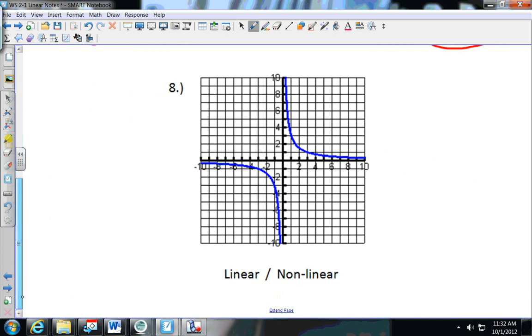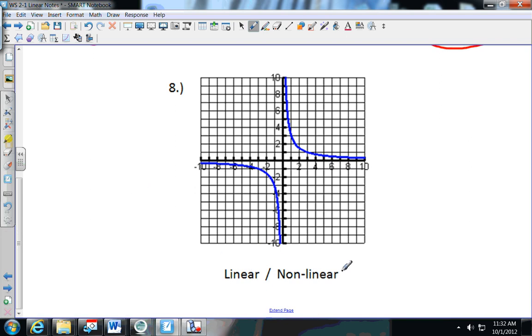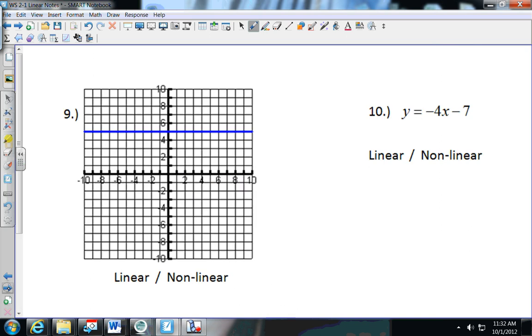What about 8? Is 8 making a straight line? No, it is nonlinear. Now, look at number 9. Is number 9 making a straight line? Sure is. It's a horizontal line. Maybe some of you need to remember horizontal means it goes from left to right.